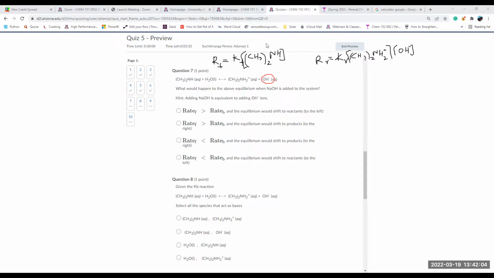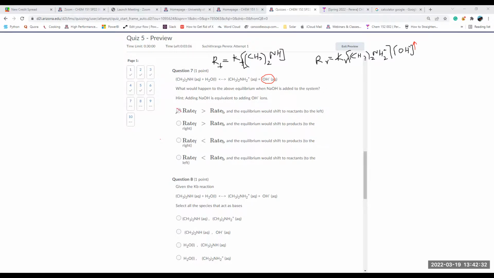Now, when this happens, let me go back to my pen. You are adding OH minus, therefore you are increasing the OH minus concentration. That's the perturbation. OH minus only appears in the reverse rate, and therefore it will increase the reverse reaction rate.